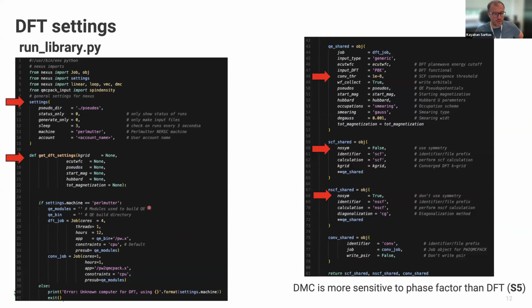So going into the run_library file, this is where we define all the settings that can be imported to the basic workflow that we want to use. So the starting settings would obviously be which computer we are using, what queues or what accounts we are using in that computer.